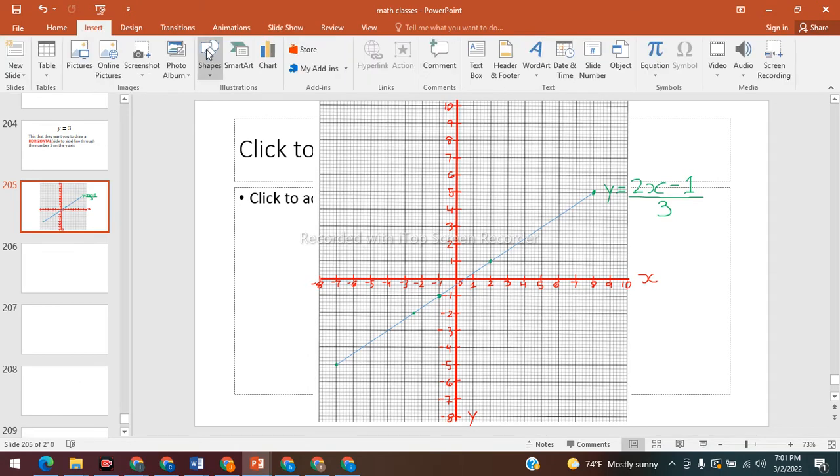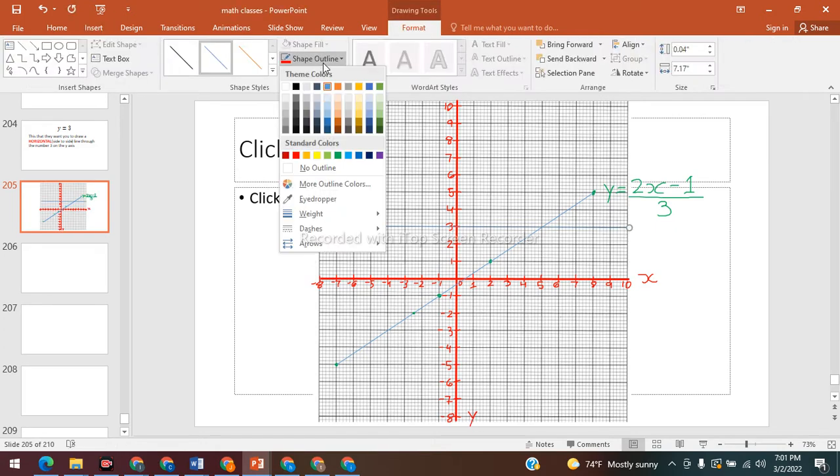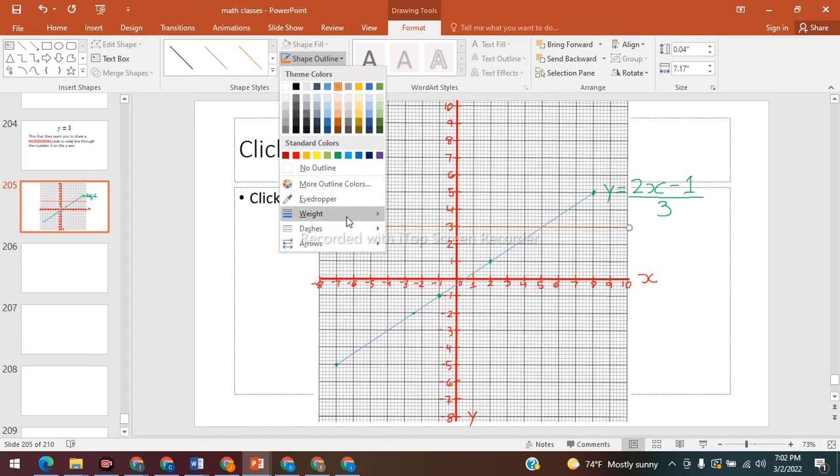I'll draw a line that goes to 3 on the y-axis. So this one goes to 3. I'm going to use a different color to represent it, a color that stands out. Let me thicken it so you can actually see what's happening.